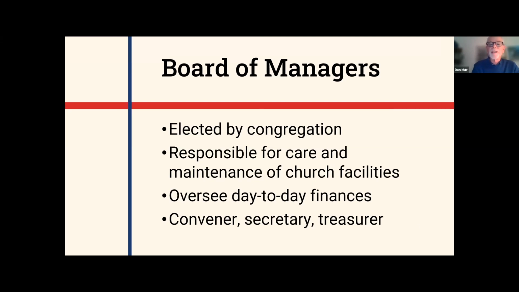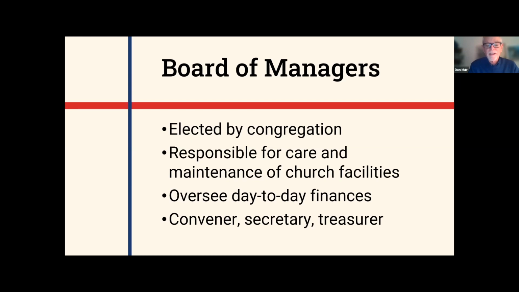So I said Board of Managers are elected by the congregation each year, usually at the annual meeting of the congregation, and one third of the board retires and their replacements are elected. Normally, when they're electing people to serve on the board, a congregation searches for people who exhibit skills in maintaining church buildings and managing finances, because those are two of the main functions of the board.